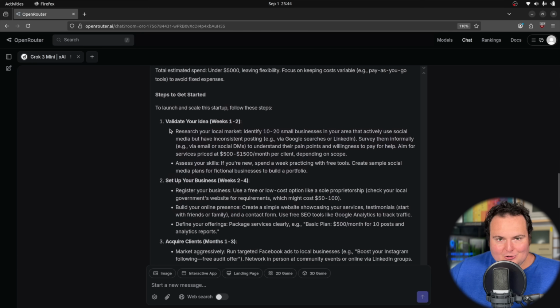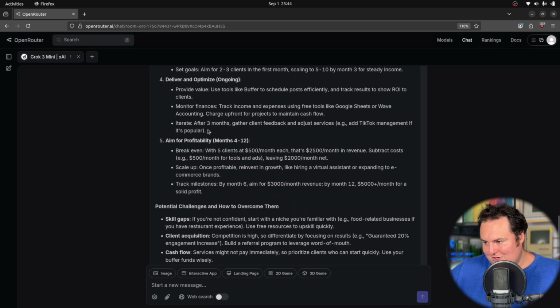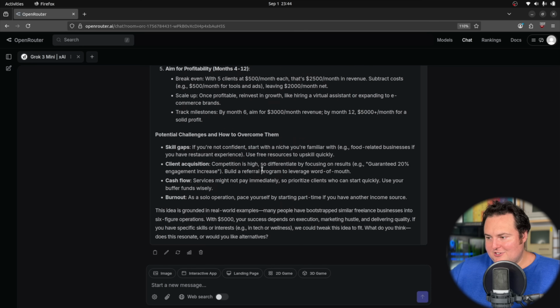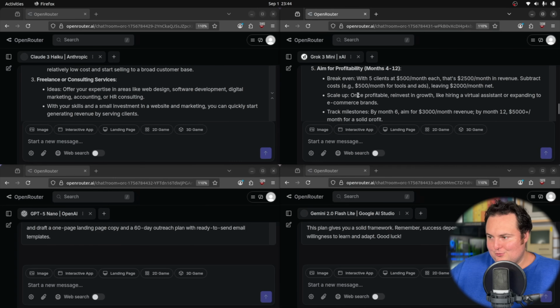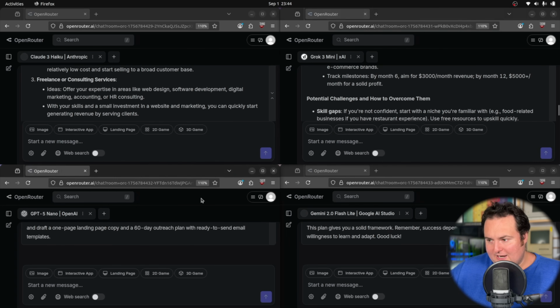It gave us some steps to get started, and even a timeline in which to do so. Potential challenges. Overall, this was a very, very good result to this question because it answered with a specific real possibility as well as going above and beyond and giving us an actual roadmap or implementation plan.